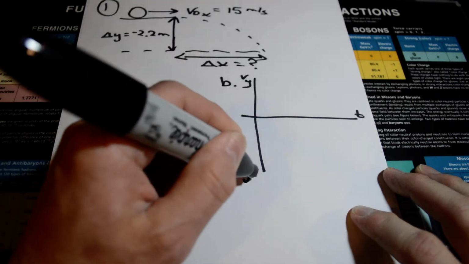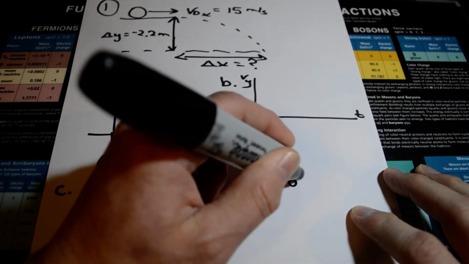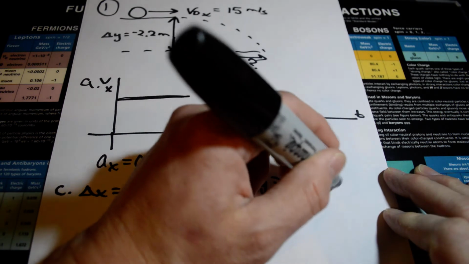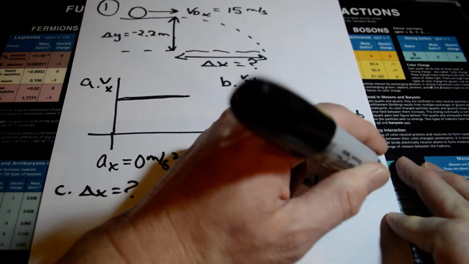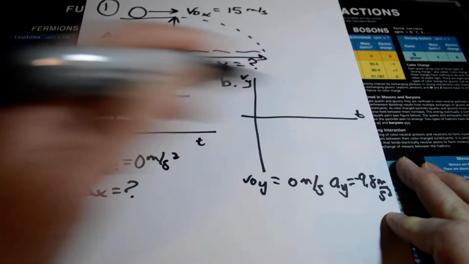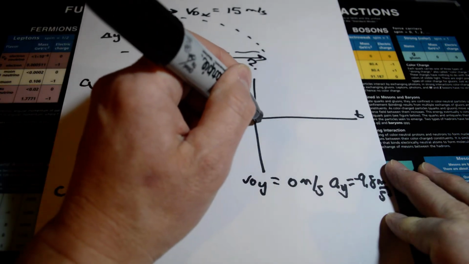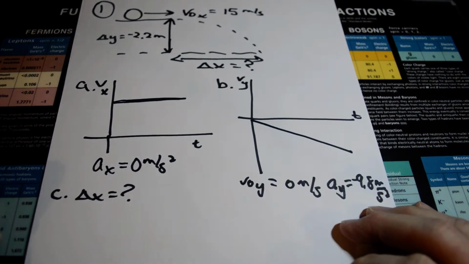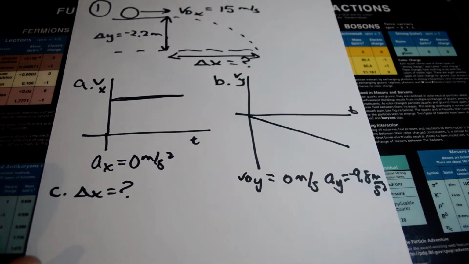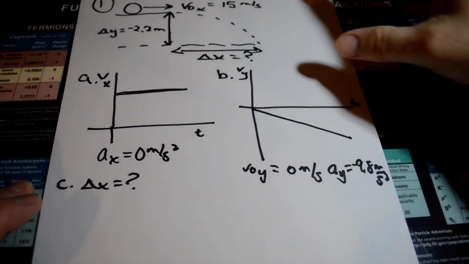It has no y velocity, but it does have an acceleration of negative 9.8 meters per second squared. So that is going to start at 0 and go negative, because if you remember from our sign conventions, upward is positive, downward is negative. As it comes down, it'll have a negative velocity.